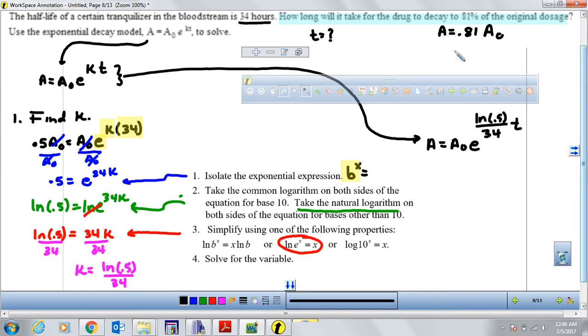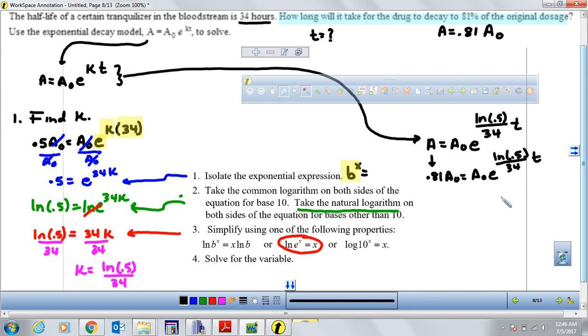So we want to find the time t for A to become 0.81 of A sub 0. We already know what A is: A is 0.81 times A sub 0 equals A sub 0 times e raised to the natural log of 0.5 divided by 34 times t.